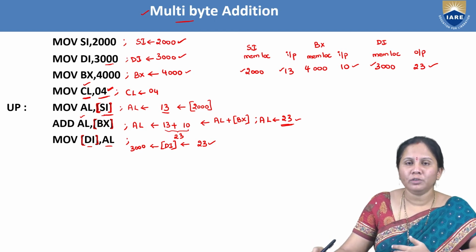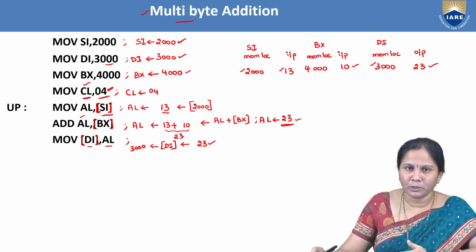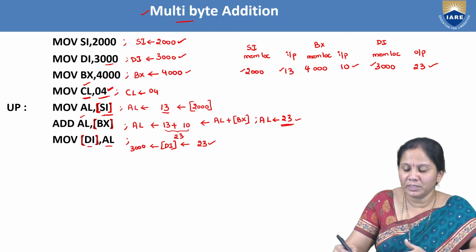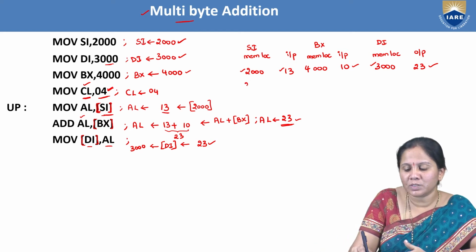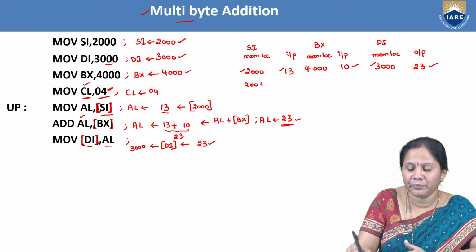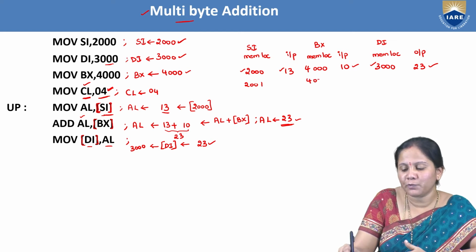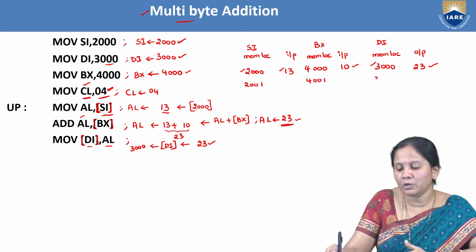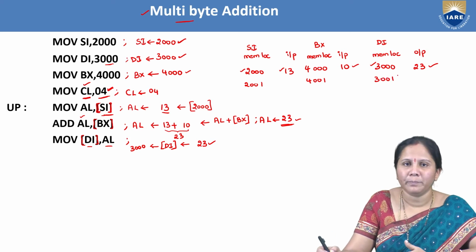And in order to take the next inputs, we have to make this 2000 as 2001, this 4000 as 4001 and this 3000 as 3001.